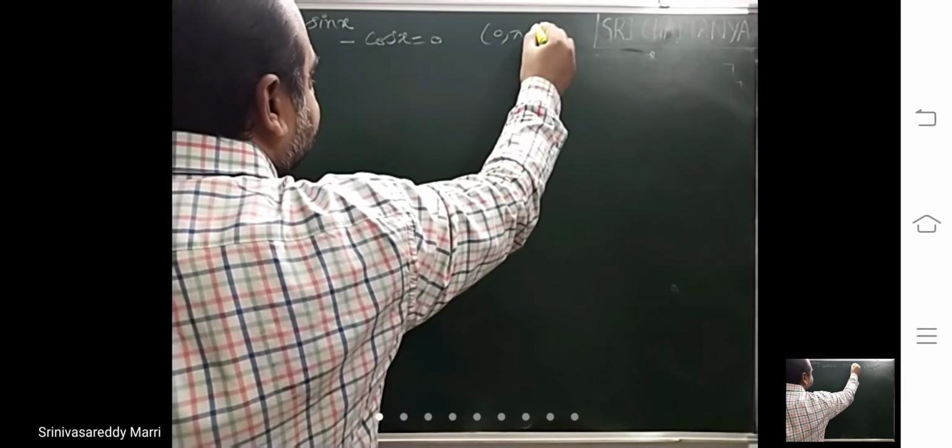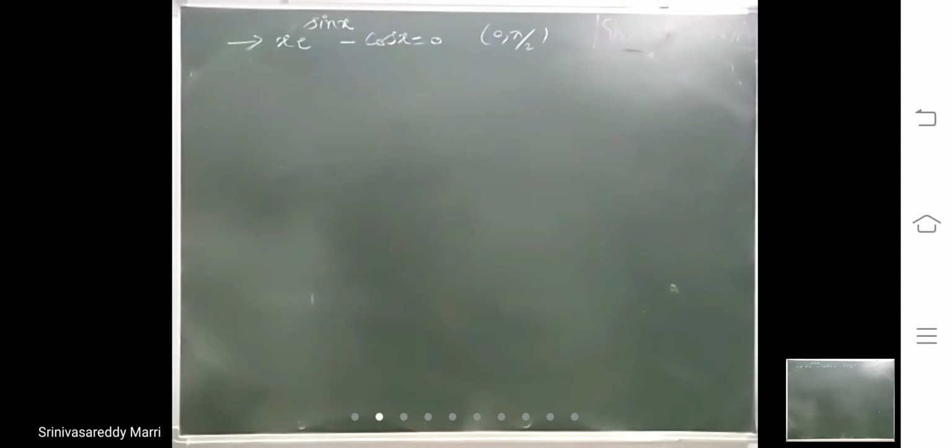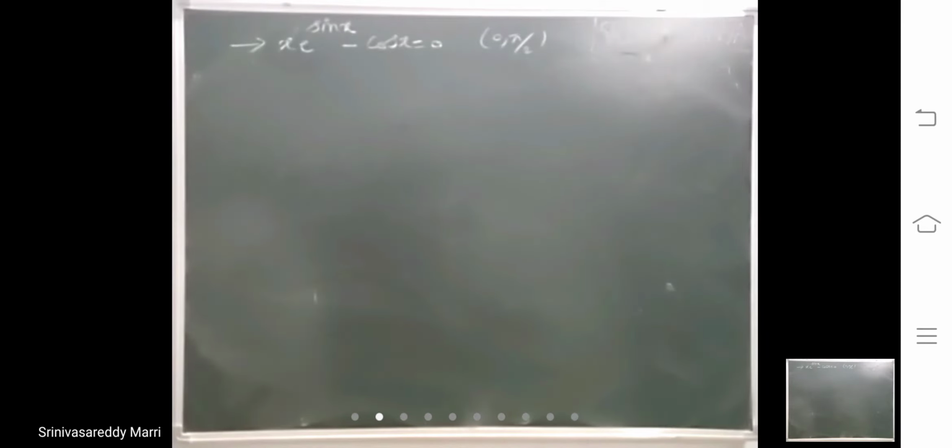Roots in this interval. You have to calculate the number of roots of this equation in the open interval 0 comma pi by 2.